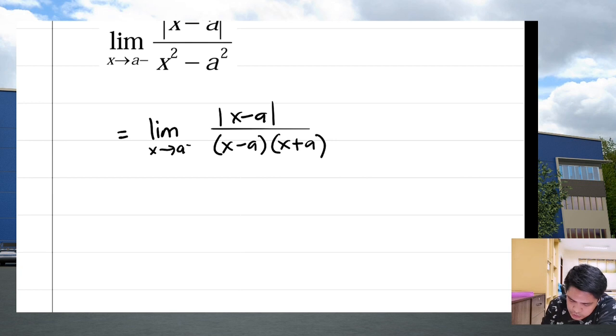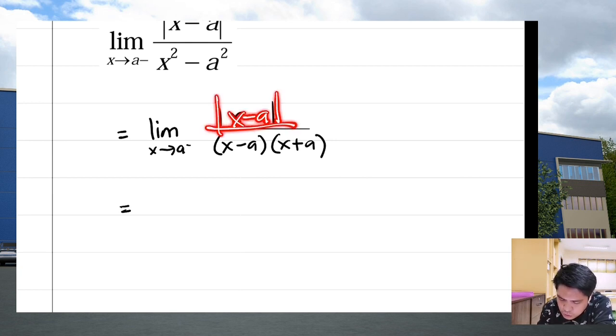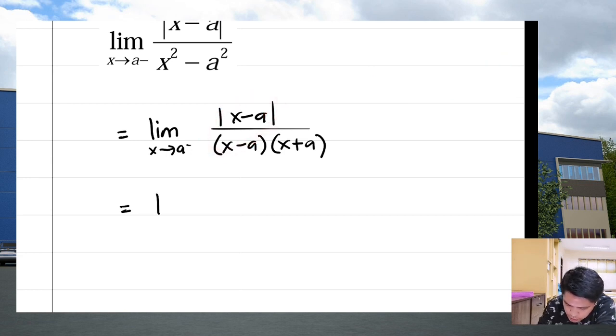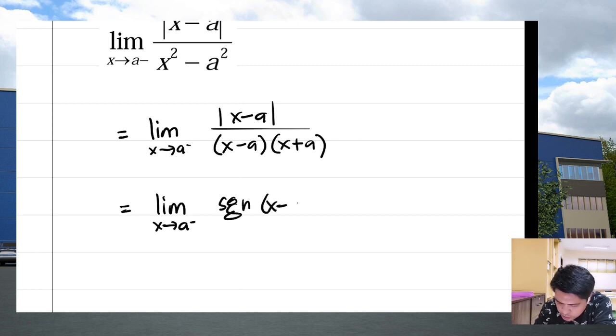Okay, so if you notice, we have absolute value of x minus a over x minus a, and if you recall, we have absolute value of x over x that is actually equal to signum x. So therefore, this is actually signum x minus a. So we have the limit as x approaches a from the left of signum x minus a, diba?